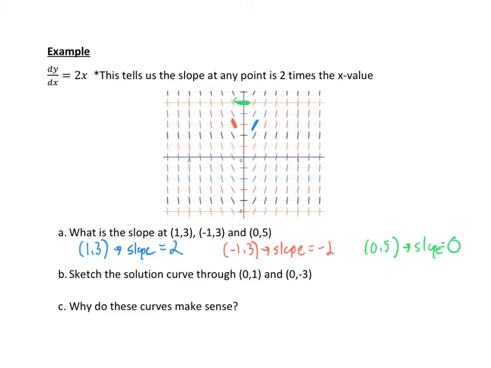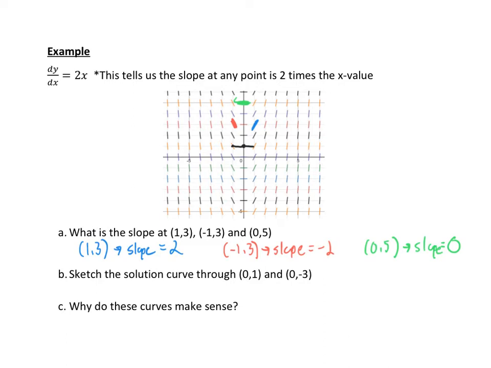Now I've asked you to sketch the solution curve through the point (0, 1). So we're going to start here. To sketch the solution curve, you let the little tick marks, those little slope values, move you in the direction you want to go. So at (0, 1), it would take me here, and here.